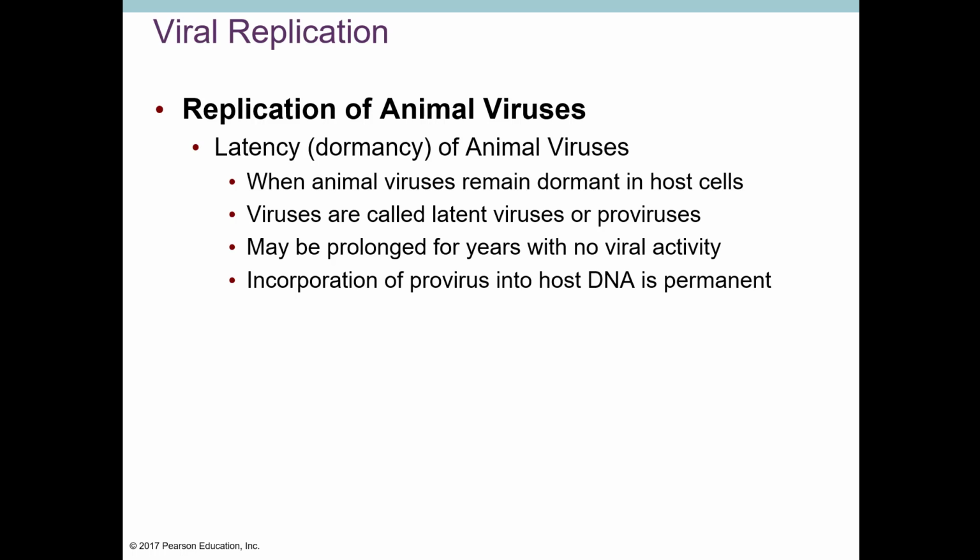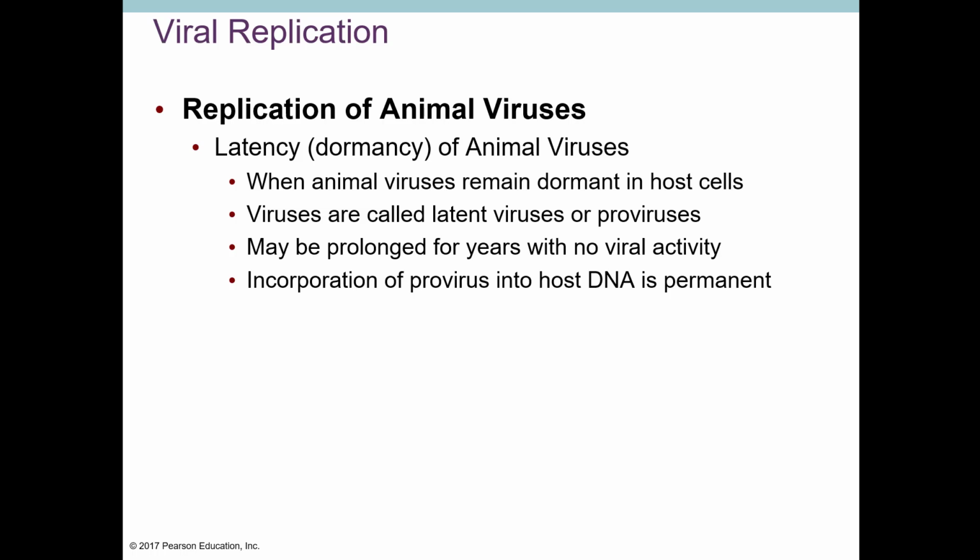And like I said, just like bacteriophage can have a lysogenic cycle, a period of dormancy, in animal viruses we call that latency. So you want to be careful about the language here. For bacteriophage, we use the language of the lytic cycle, L-Y-T-I-C, and lysogenic, L-Y-S-O-G-E-N-I-C. So lytic and lysogenic refer to ways that bacteriophage interact with their bacterial host cells.